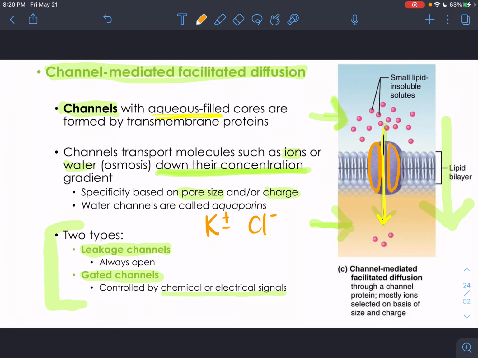So we can have ligand gated, which means chemical, so things like neurotransmitters, or voltage gated, which again we'll talk about in the nervous system and the muscle physiology, but when we talk about action potentials and depolarization of the membrane, we have voltage gated channels that are going to respond to different changes of voltage.